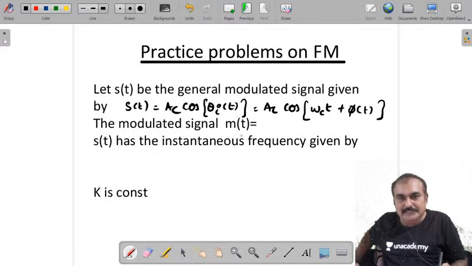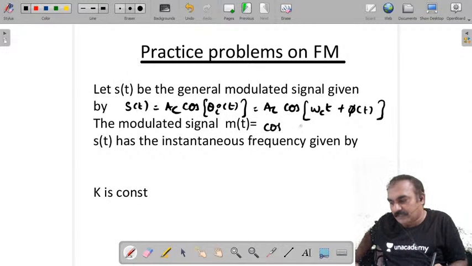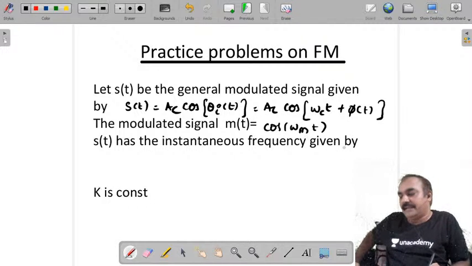And he has given the message signal m(t) equal to cos omega m t.